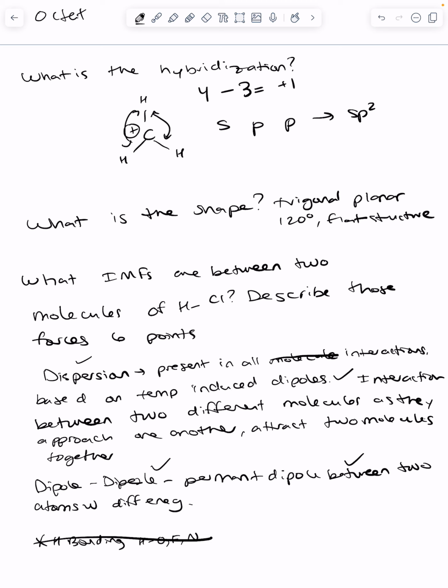And then a few people didn't quite take it to the final step, which is that these are attractive to other molecules, where the partial positive on one aligns with the partial negative on the other.